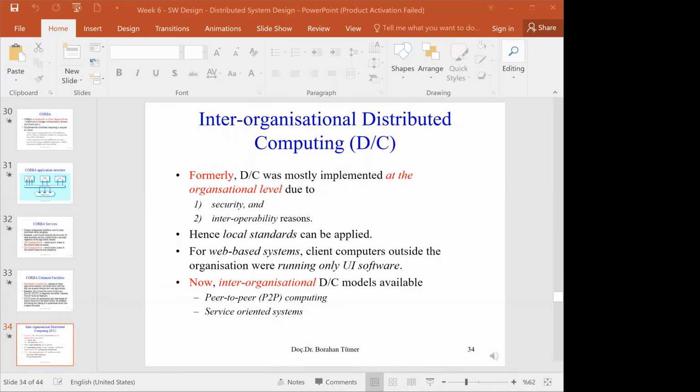Before, distributed computing was mostly implemented at the organizational level, that is, within an organization. And this was due to security and interoperability reasons.